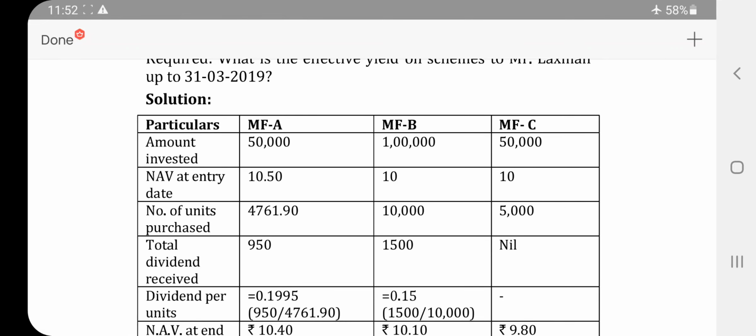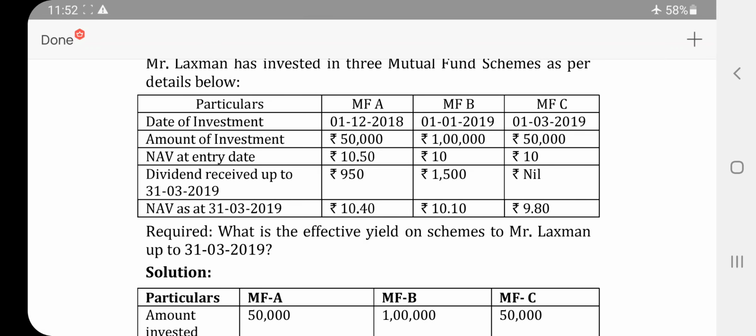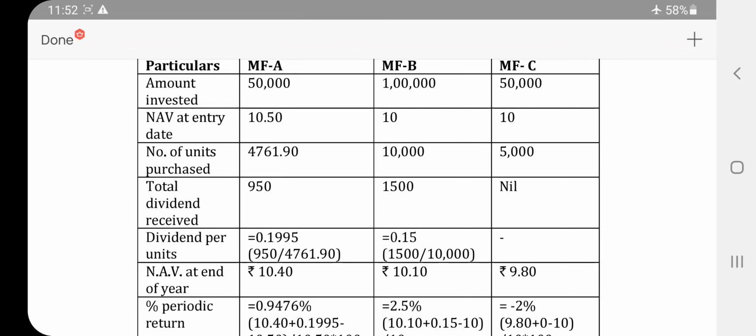And then next we will go with total dividend received. How much dividend has been received: 950, 1500, and nil. We need to take that information. Then dividend per unit, which is important. To calculate dividend per unit, equals total dividend received divided by number of units purchased. Number of units purchased, you already found: 4,761.90 for mutual fund A, 10,000 and 5,000 for B and C respectively.